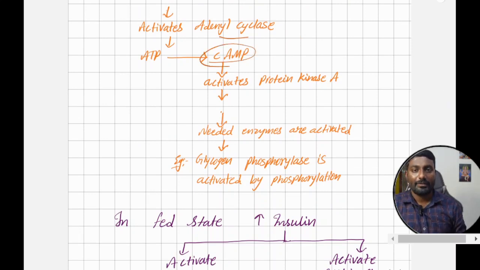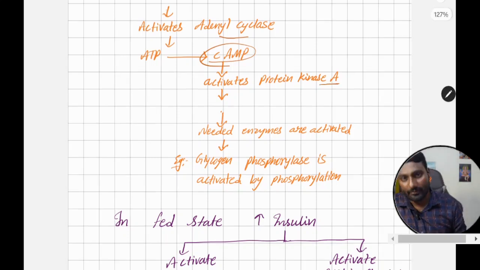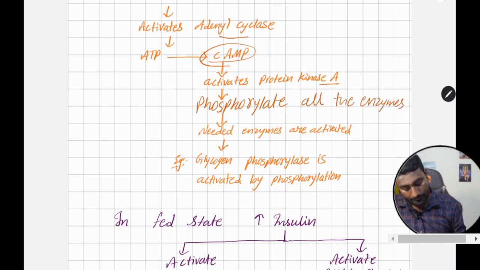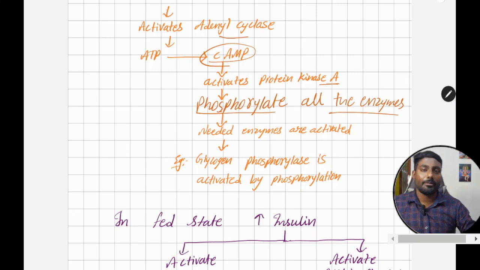Okay, it is going to activate protein kinase A. Very good. Now this protein kinase A phosphorylates all the enzymes. Remember this word, phosphorylation.